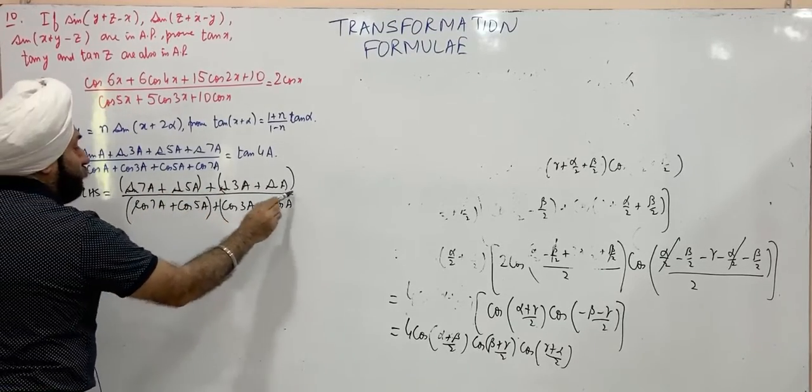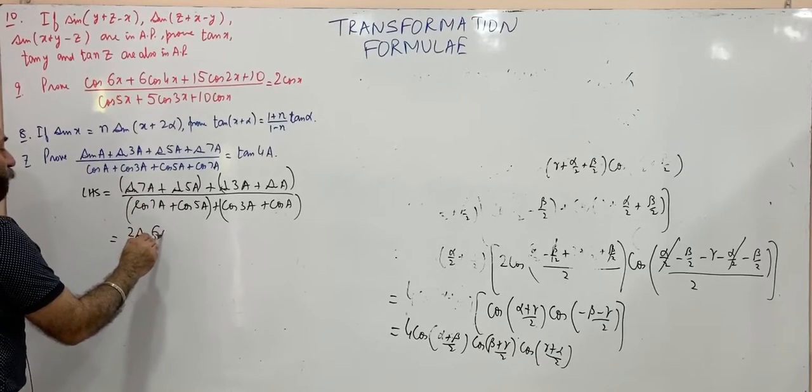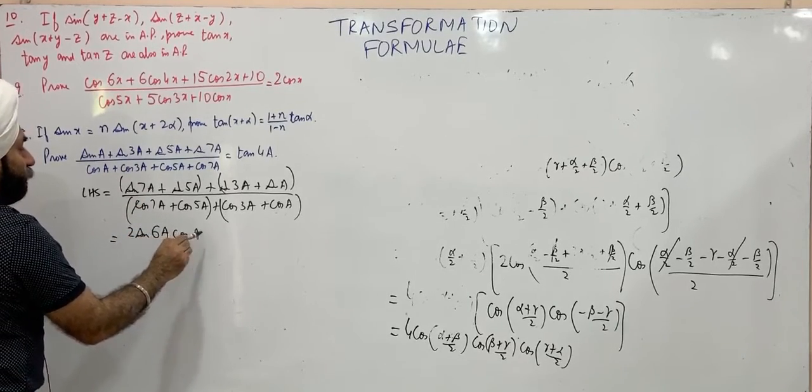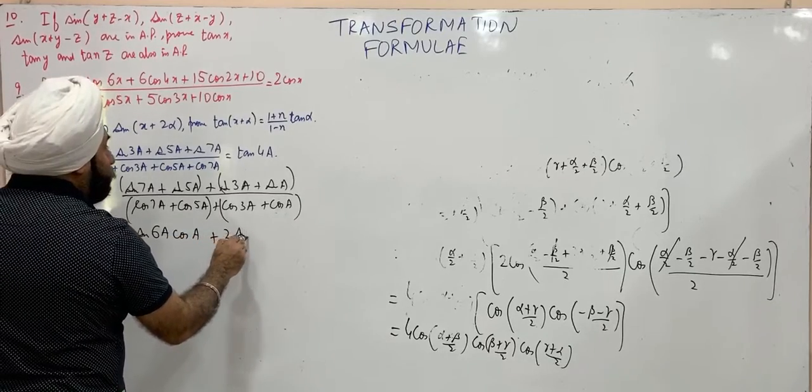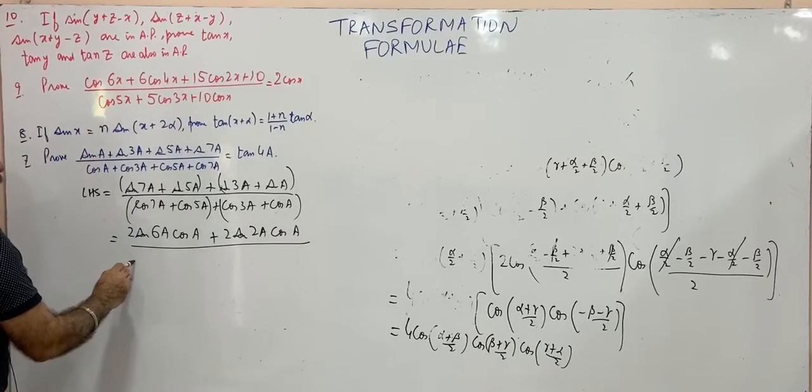Will combine like this. This is 2 sin sum of angles upon 2 into cos of difference upon 2. 2 sin, once again, sum of angles upon 2 into cos difference of angles upon 2.